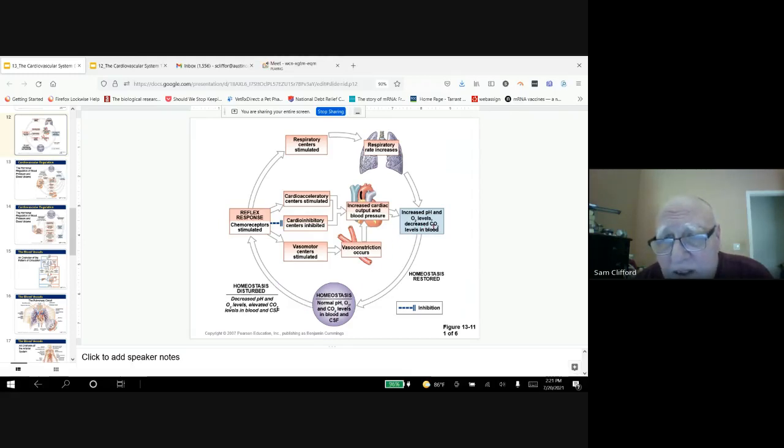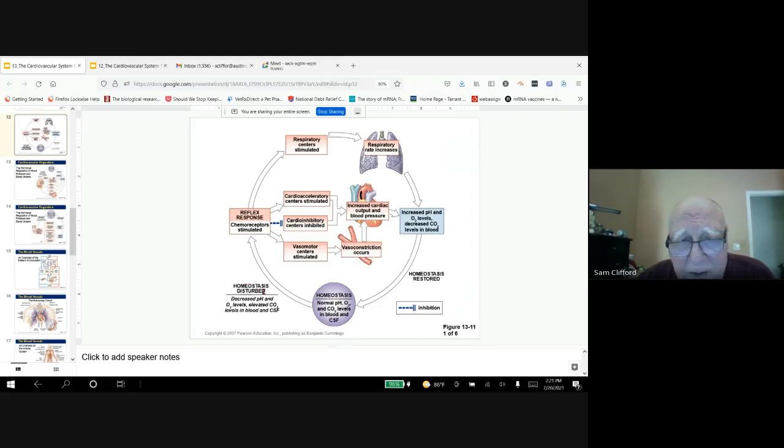So when you decrease CO2 in the blood, that's going to lead to higher pH. So heart function, blood vessel function, and respiratory function will return to normal levels.